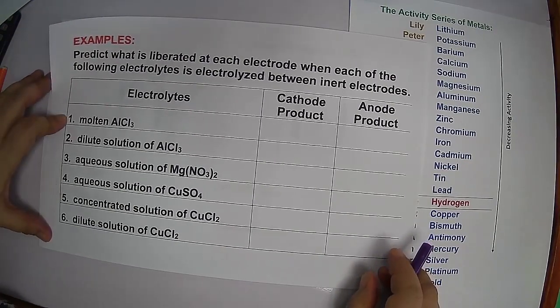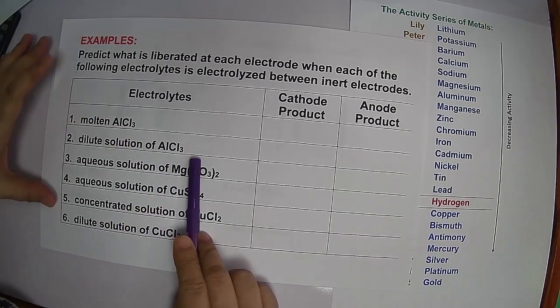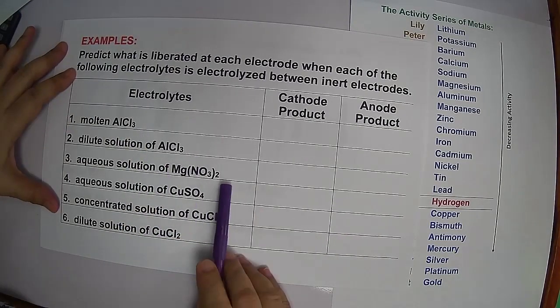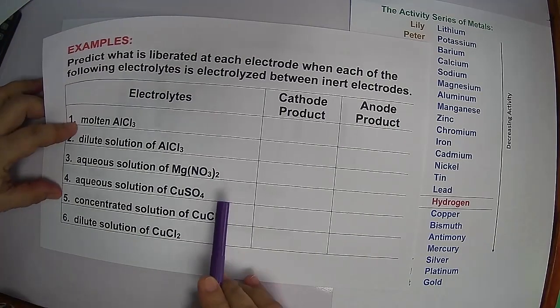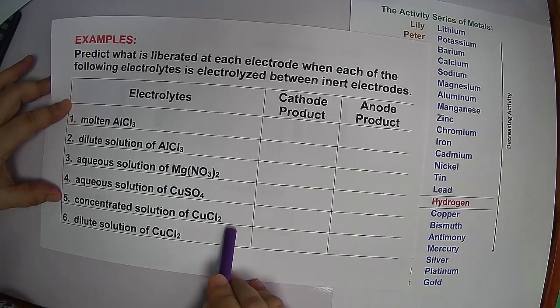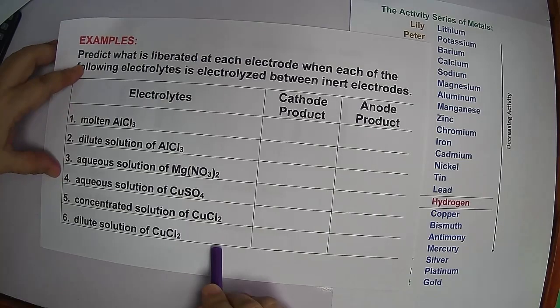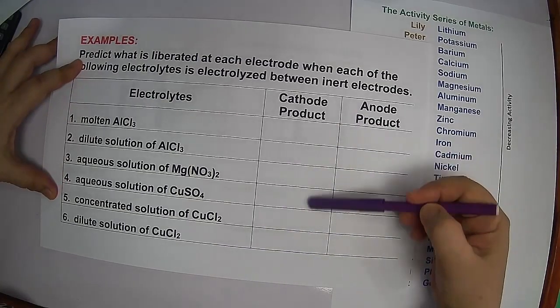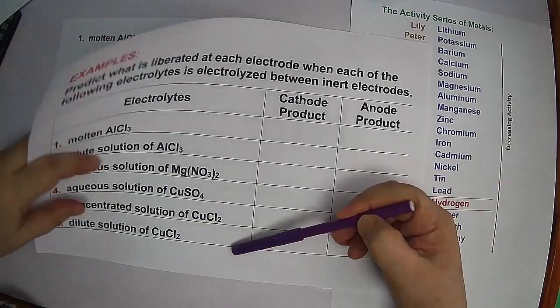For number 1, we have molten aluminum chloride, then a dilute solution of aluminum chloride, then an aqueous solution of magnesium nitrate, an aqueous solution of cupric sulfate, number 5 a concentrated solution of cupric chloride, and for the last, a dilute solution of cupric chloride. We're asked for the respective cathode product and anode product for these electrolytes.